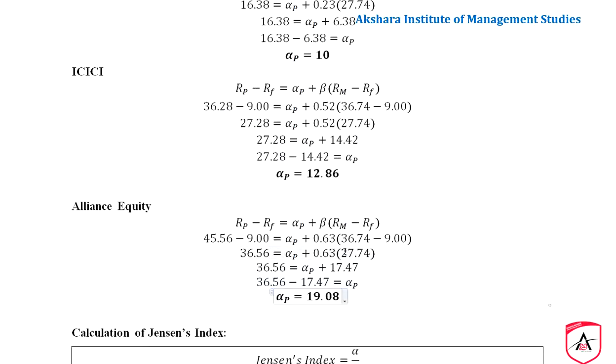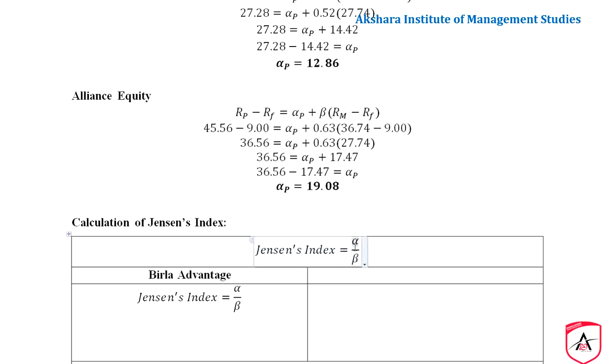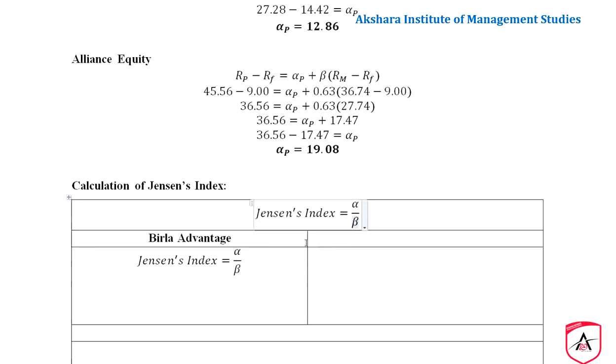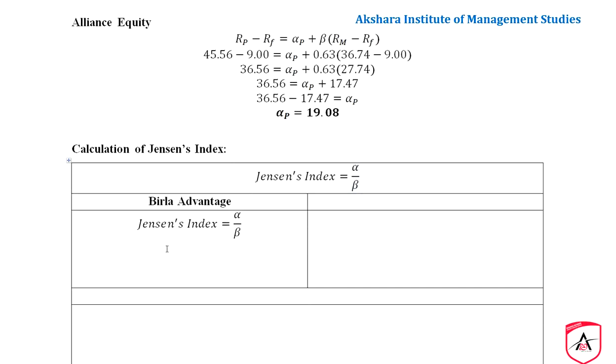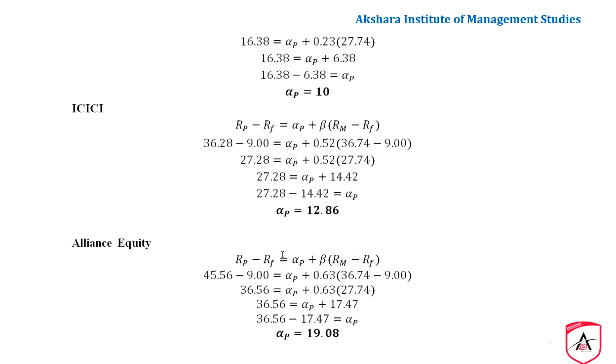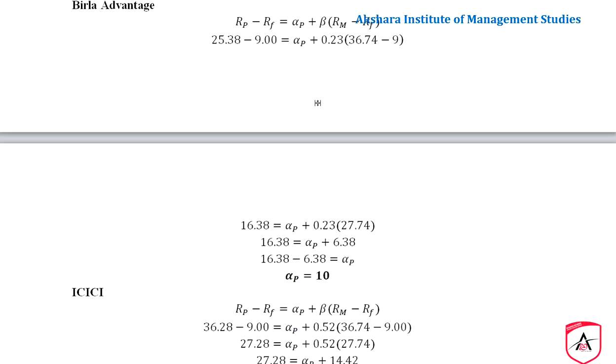Now next, once you have got this alpha P and beta P, we shall move on to Jensen's performance index. Similarly, alpha P for Birla Advantage is 10.